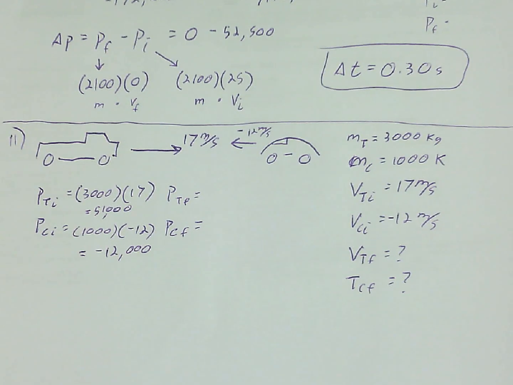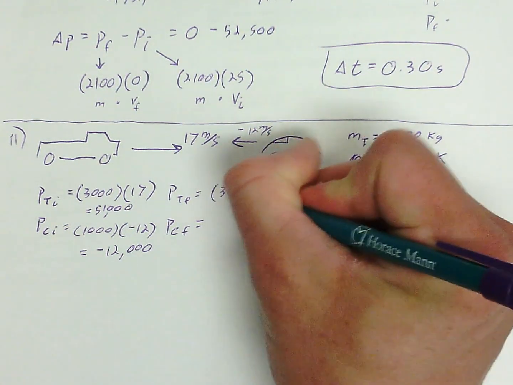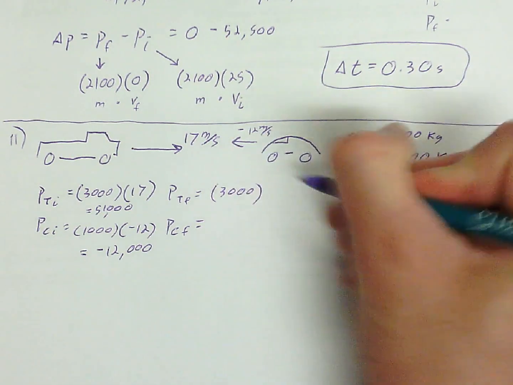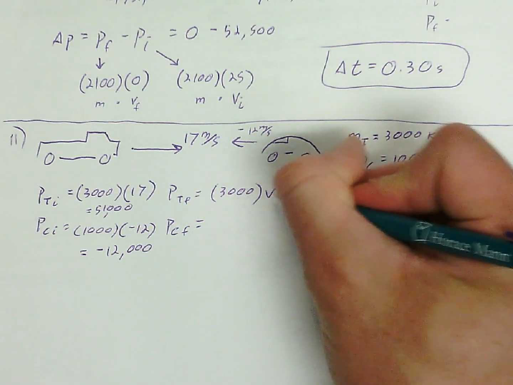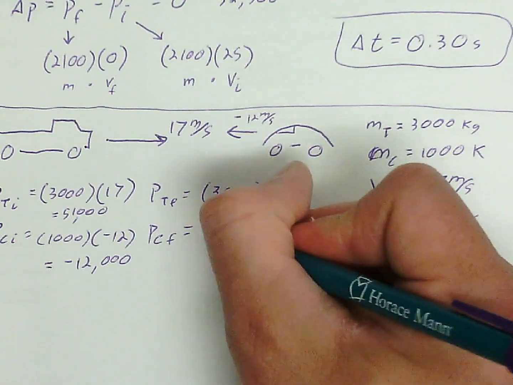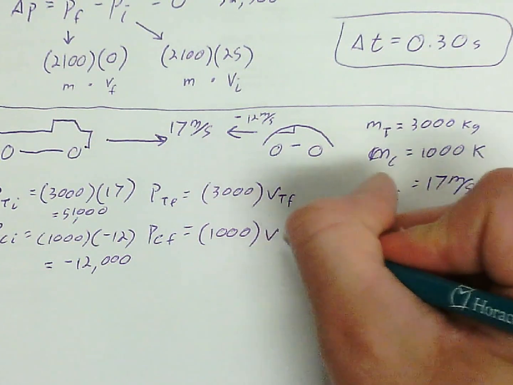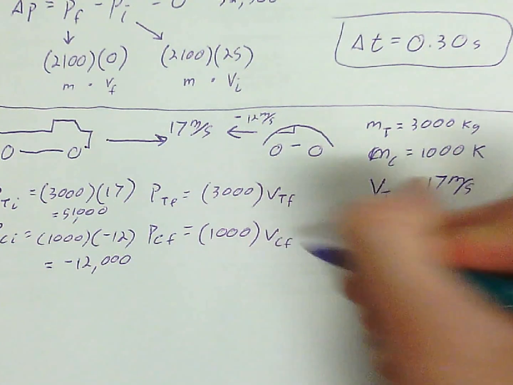Now we've got to do the final of the truck. Mass times velocity. Well, I don't know the truck's velocity, so I just call it VT final. And the car, mass times velocity. I don't know it, so I just call it VC final.